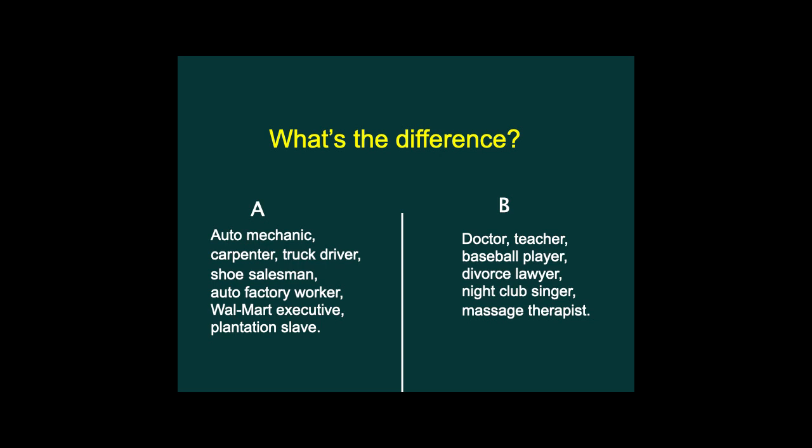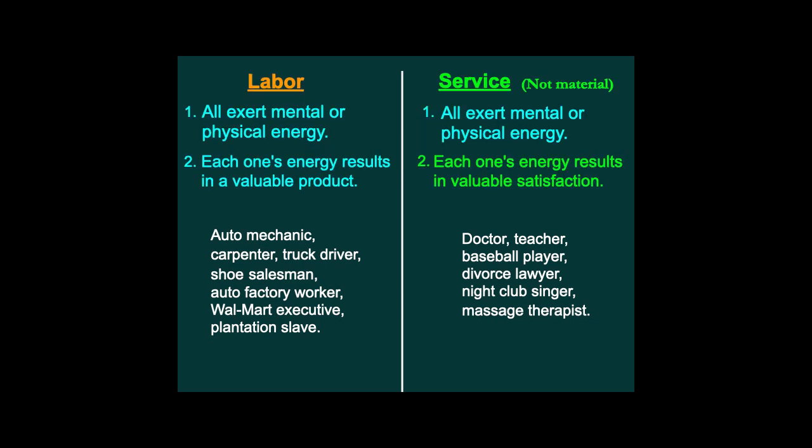So the first category, it's all mental or physical energy exerted, and the same in the second. And in the first category, each one's energy results in a valuable product. And as you say, this one ends up in valuable satisfaction. So we call the first one labor, and we call the second one service because it's not material. That was good. Thank you.